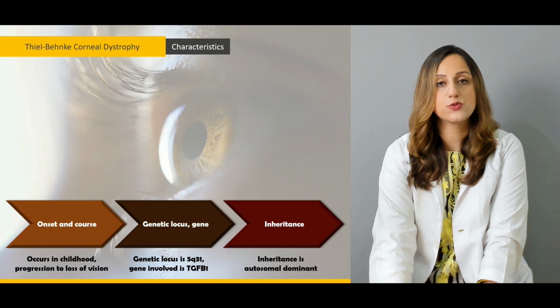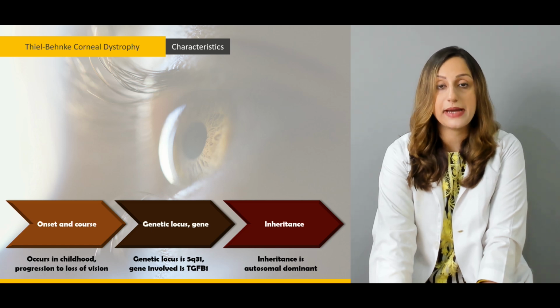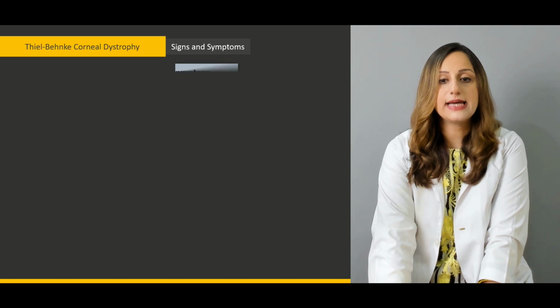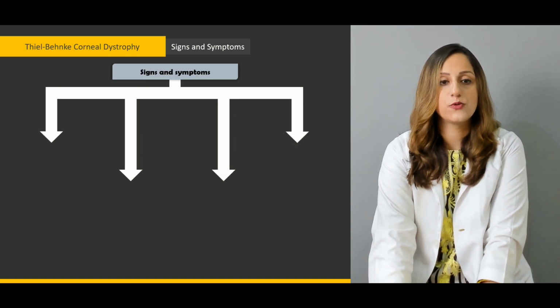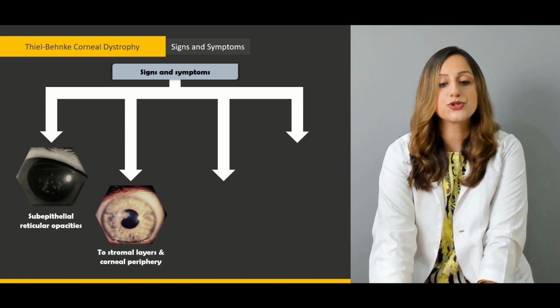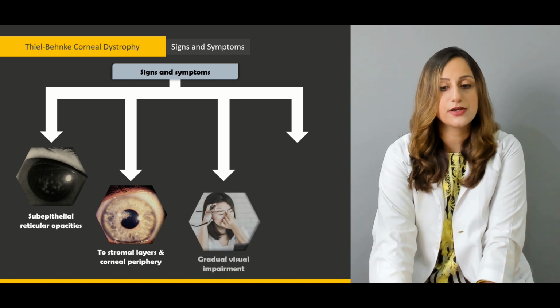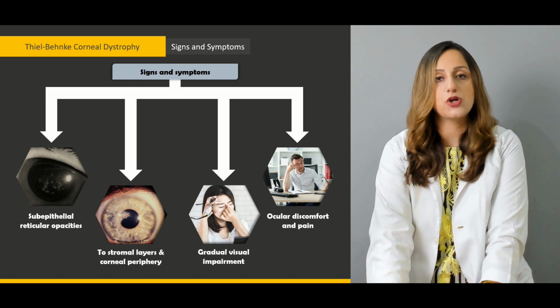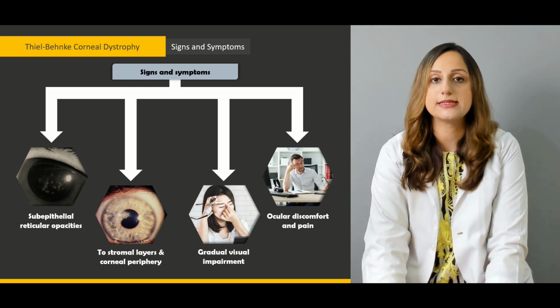The inheritance is in an autosomal dominant pattern as well. The signs and symptoms involving this corneal dystrophy are irregular or reticular opacities noted in the stromal layers, and the corneal peripheries are involved. It is coupled with gradual visual impairment and ocular discomfort and pain for these individuals as well.